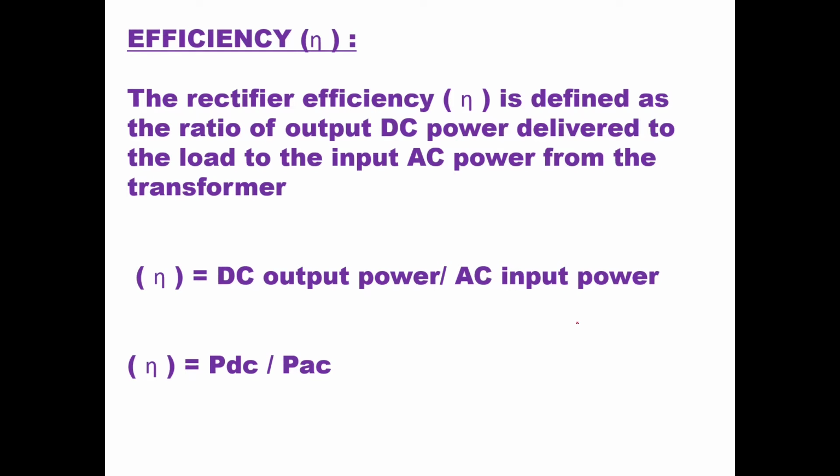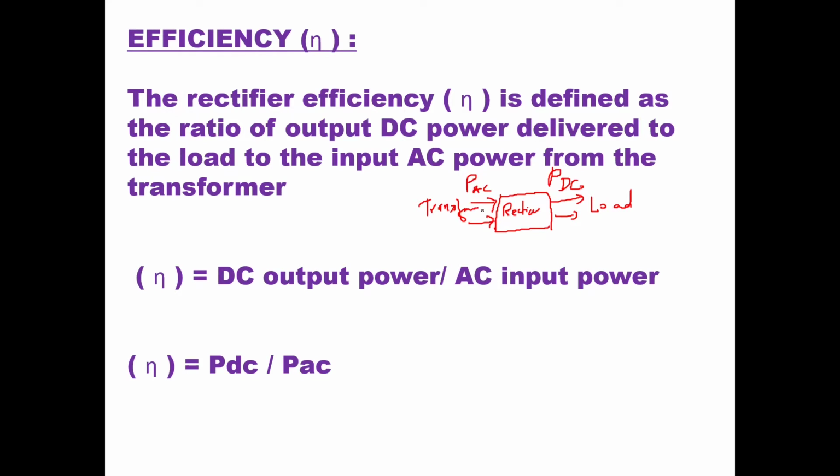Say for example, you have shown a block of a rectifier here. The input will come from the transformer. This is the rectifier, and the output will go to the load. Now here is the DC power delivered to the load, PDC, to the input AC power, PAC.